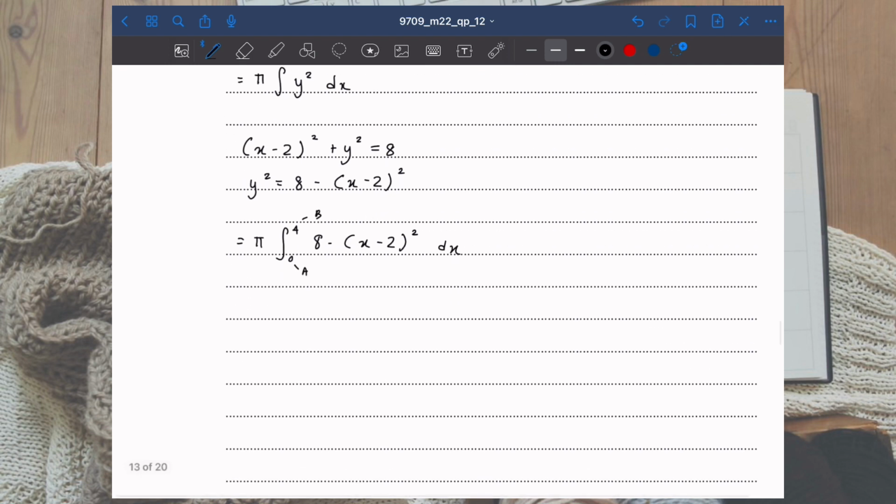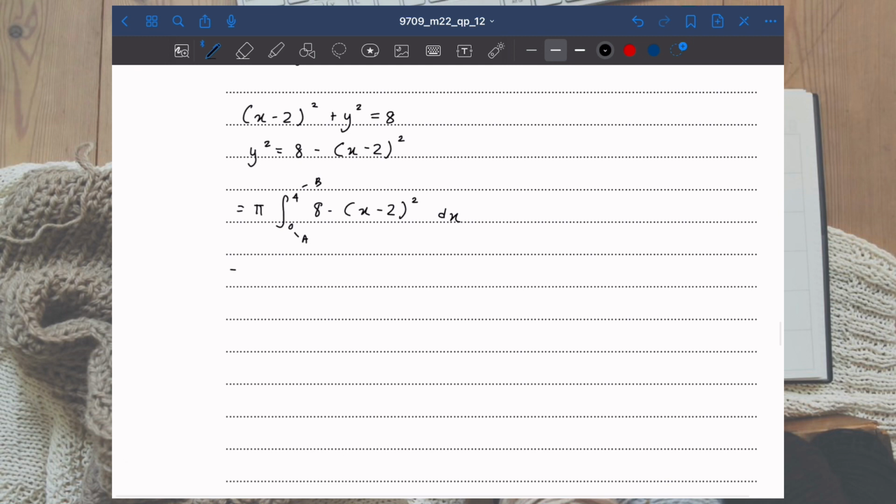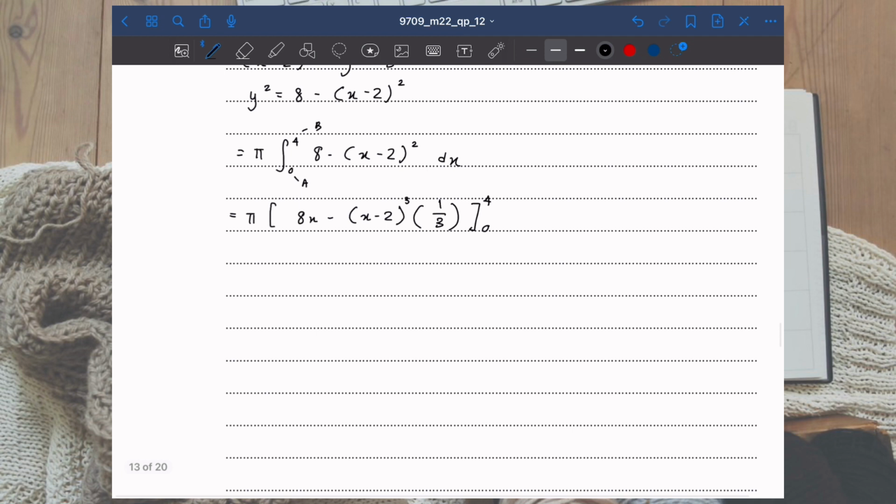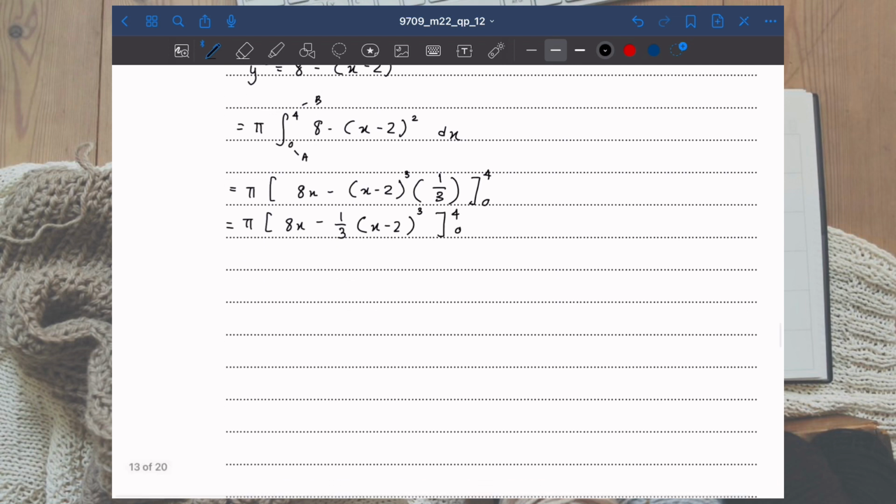Integrating gives us 8x − (x − 2)³/3, from 0 to 4. We don't have a plus c since we have our limits given. So that will be π[8x − (1/3)(x − 2)³] from 0 to 4.